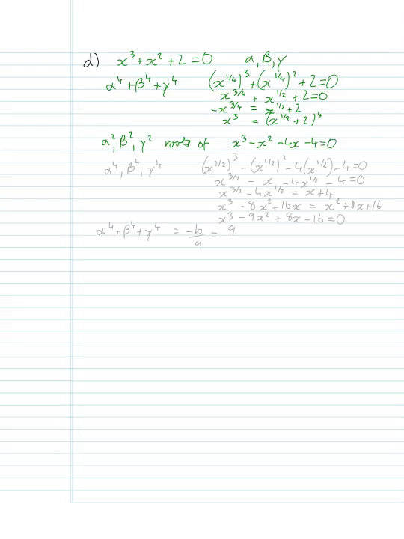So the reason that's beneficial is because we can go, well, alpha to the 4, beta to the 4, gamma to the 4 are the squares of those roots.